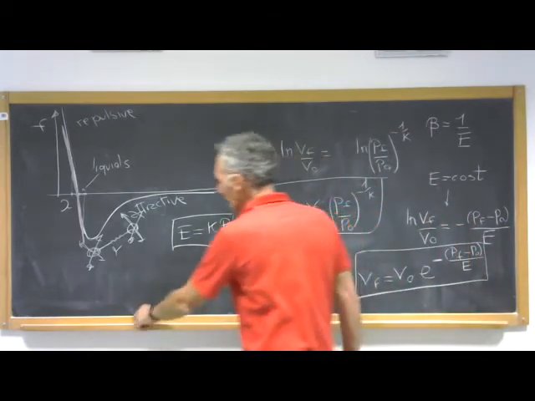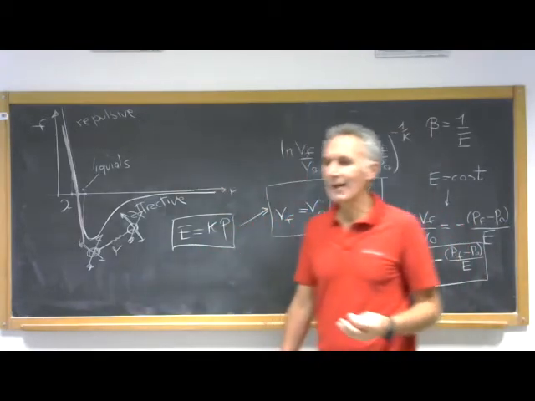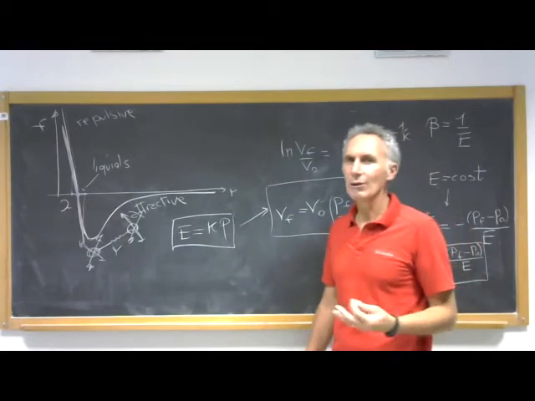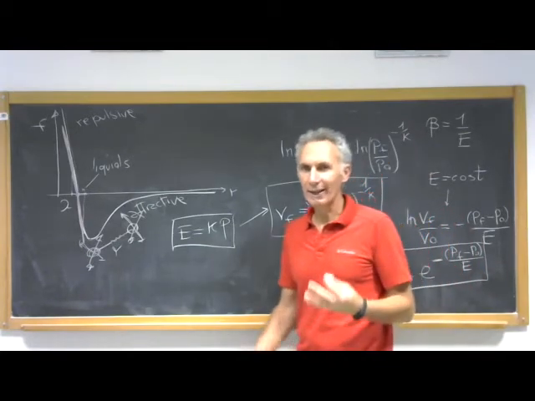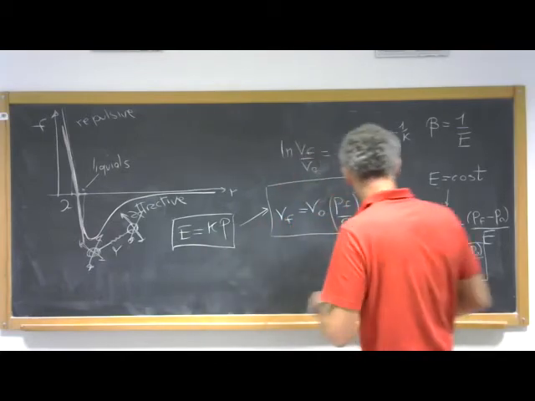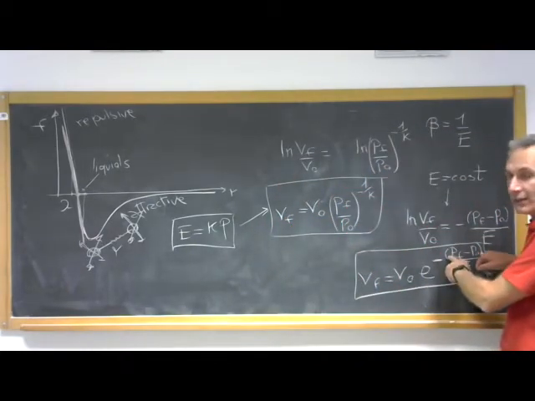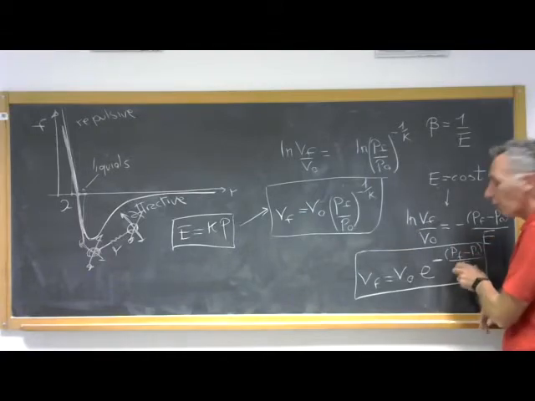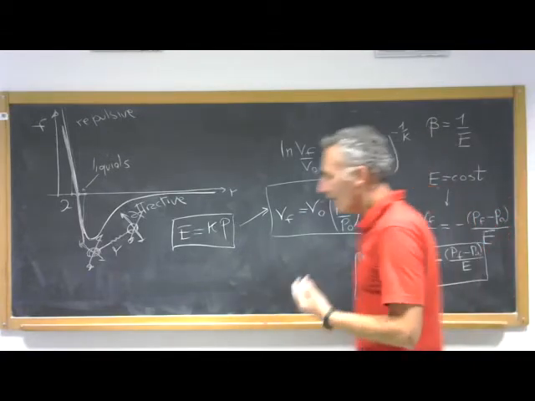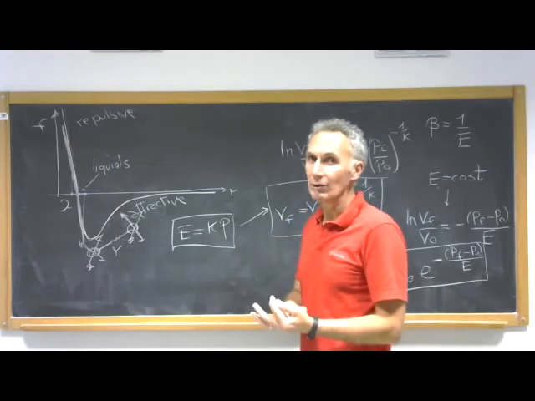Now, be always suspicious when in science someone tells you big or small without giving you a reference variable. Now here we have the pressure difference, P final minus P initial, must be small compared to E. And E is something that you can find on table.